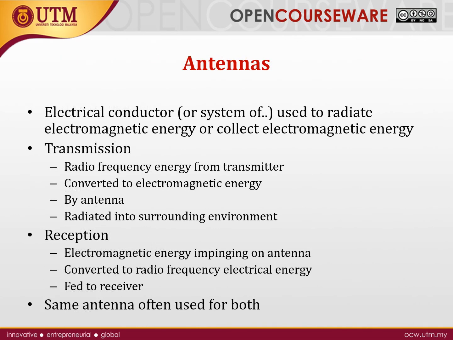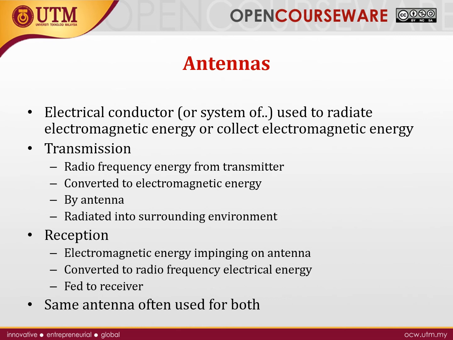And for the antennas, an antenna is an electrical conductor or system of conductors used to radiate electromagnetic energy or collect electromagnetic energy. We have two types, transmission and reception. In transmission, radio frequency energy from the transmitter is converted to electromagnetic energy by the antenna and radiated into the surrounding environment.